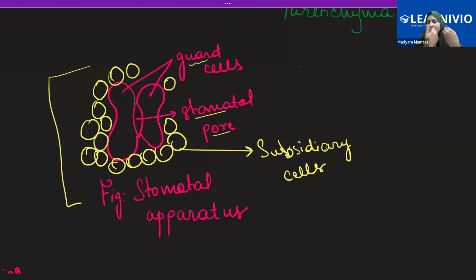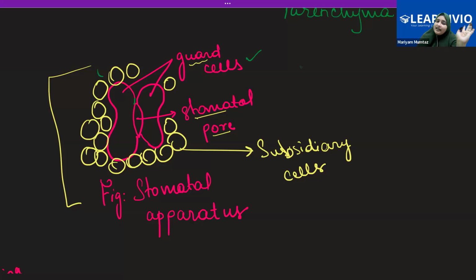Flaccid means thin. Opposite of swollen is flaccid. So now they lose the water, they shrink. Becoming flaccid is shrinking. So they'll lose the water and close back the stomatal pore. So this opening and closing of the stomatal pore is regulated by the guard cells that surround the stomatal pore.